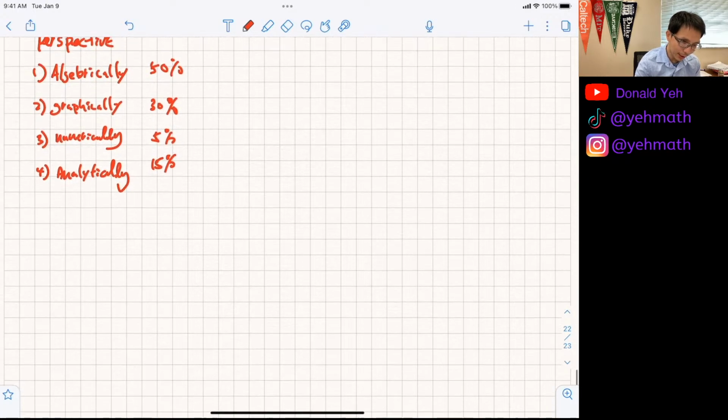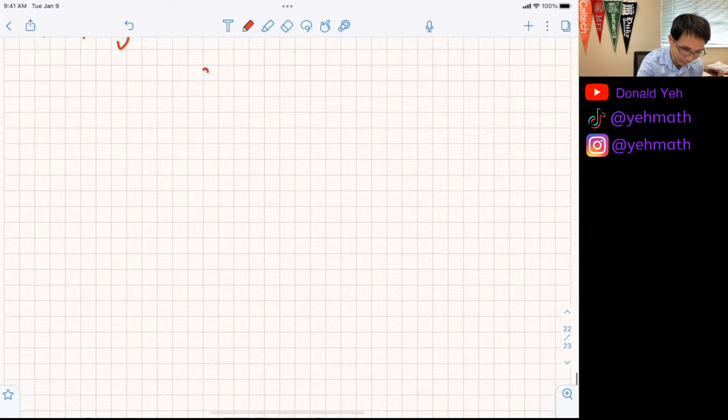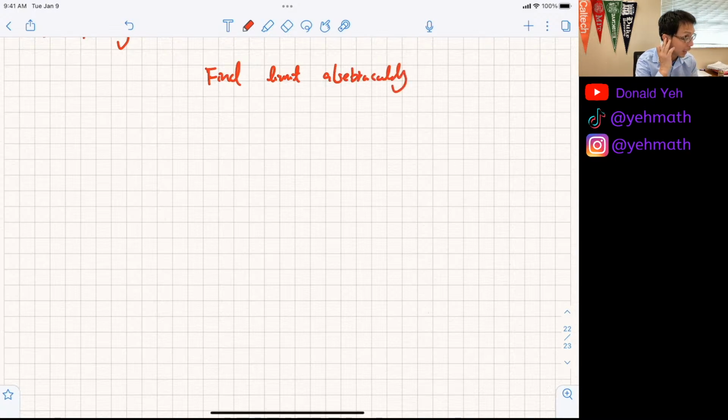So we're going to say first thing, find limits algebraically, right? We're going to talk about graphically later. And the first thing is always, if you want to find a limit, just plug in a number.